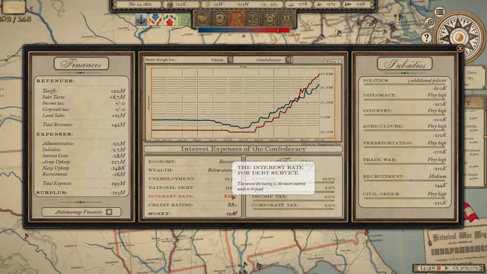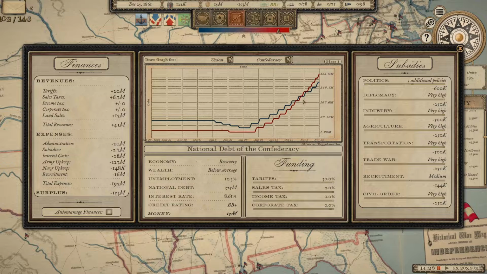Well, if you take out $50 million, so 2 loans, because I think they come in $25 million increments. In the time it takes you to take out 2 loans, and you can see from my national debt here that each one of these little steps up is a new loan. That can come quite quickly. So for every $50 million, if you have a bad credit rating, your interest rate is going to be about 10%.